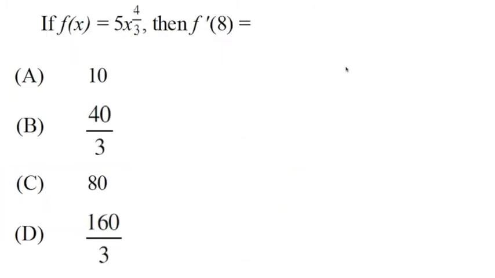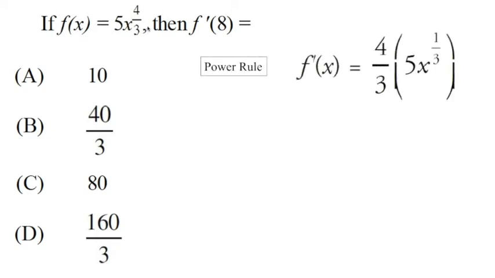Next, let's have a look at the basic power rule. This is the first type of derivative that you'll learn in your pre-calc or calc classes. So we have f of x equals 5x to the 4/3. This exponent is a fraction, but that doesn't change our power rule. We're just going to take that exponent, drop it down in front of the coefficient, and reduce the exponent by 1. So 4/3 minus 1 is the same as 4/3 minus 3/3.